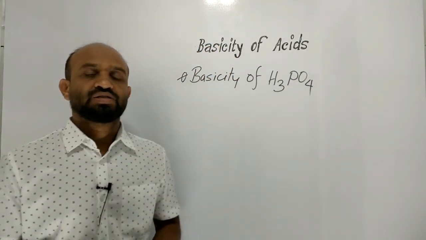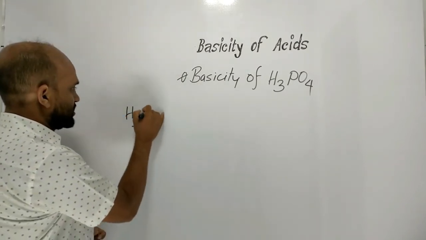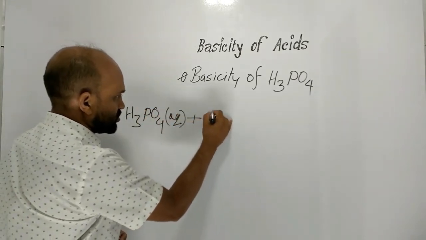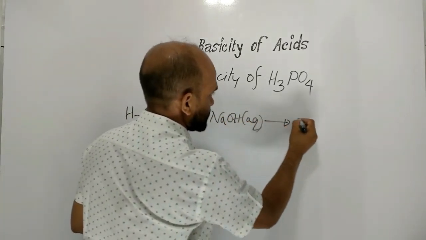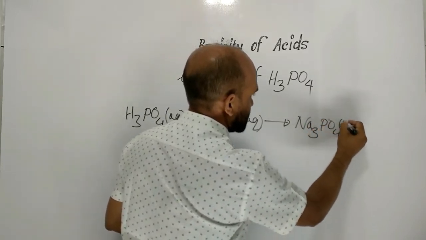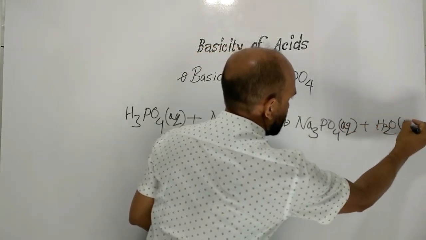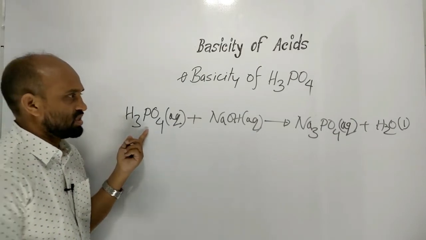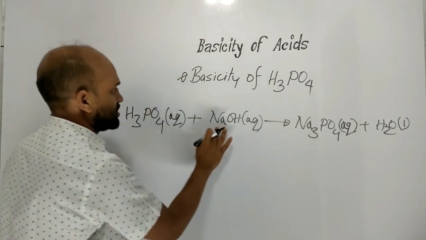Now let's see basicity of phosphoric acid. H3PO4 reacting with sodium hydroxide base forms sodium phosphate and water. When this reaction is balanced, then we get here sodium atoms 3, here 1.